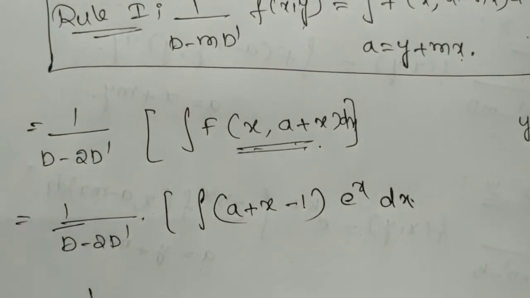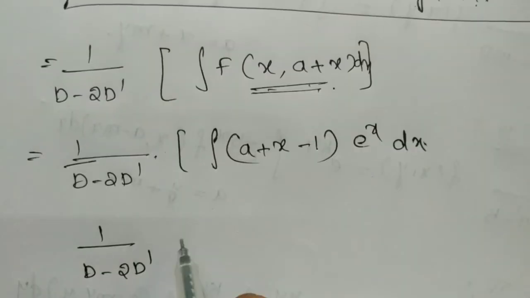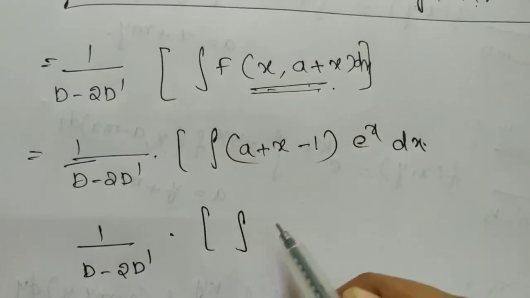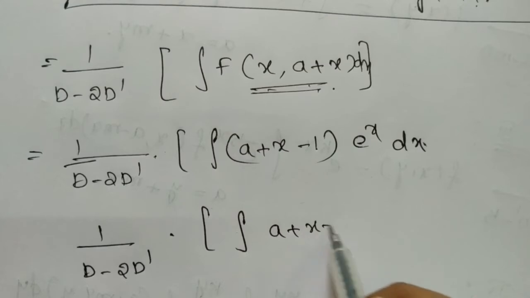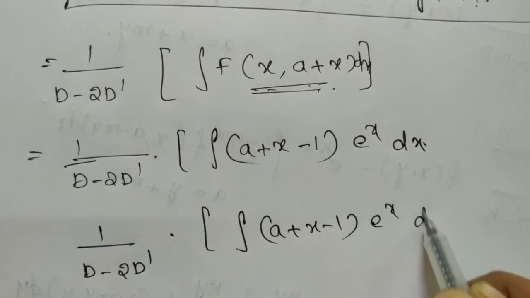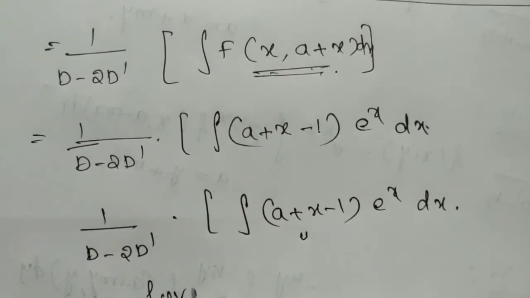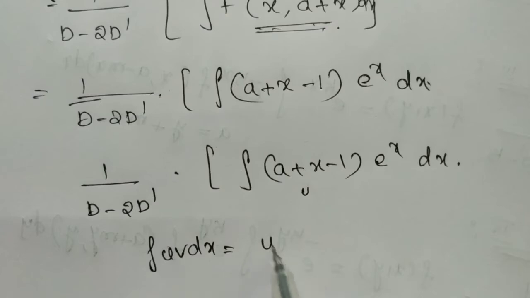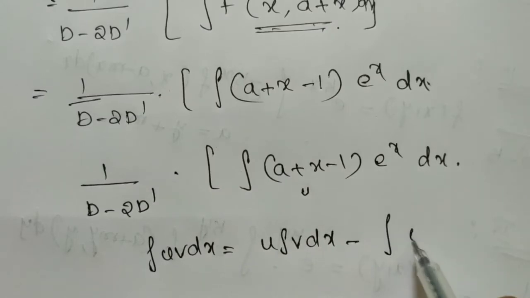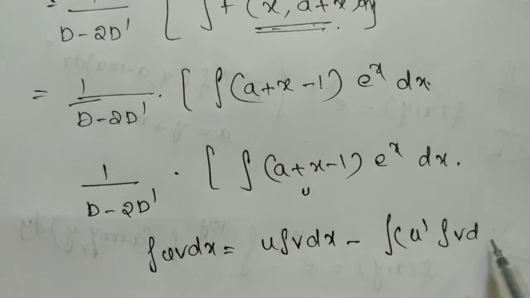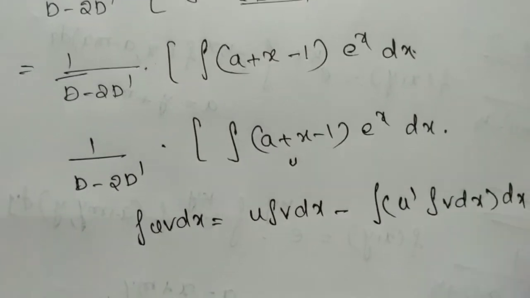So 1 by D minus 2D dash into the integration of a plus x minus 1 into e power x dx. Here we use the uv formula: the integration of uv dx equals u into the integration of v dx minus the integration of u dash into the integration of v dx, into dx.